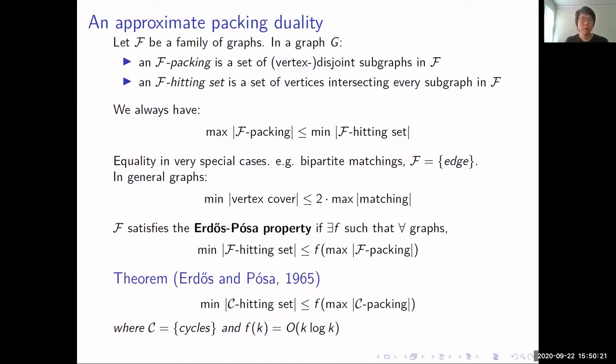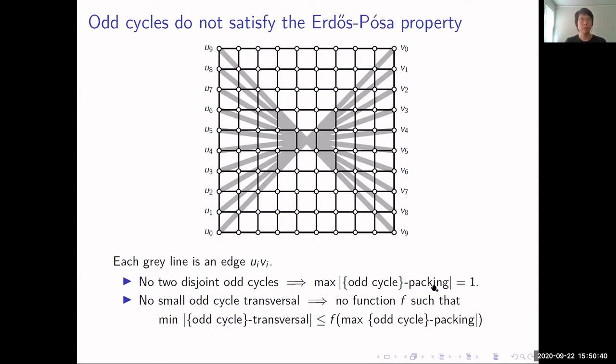If you weren't familiar with this, you might be wondering, can't you always choose the function as large as you want to satisfy this inequality? There's no restriction on how large this function could be, but that is actually not the case. The most famous example is probably the family of odd cycles.